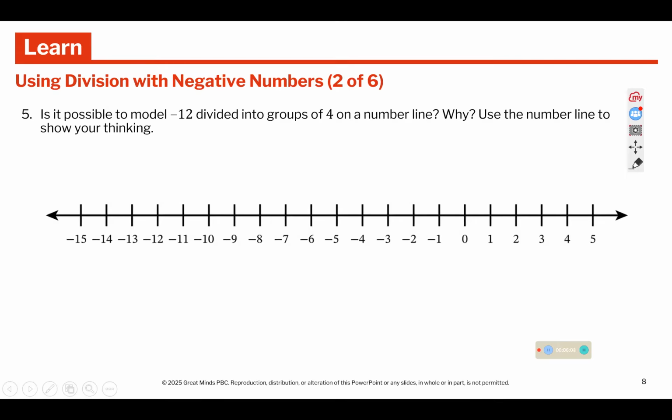Number 5. Is it possible to model negative 12 divided into groups of 4 on a number line? Why? Use the number line to show your thinking. So, a number line representing negative 12 divided into groups of 4 is not possible.